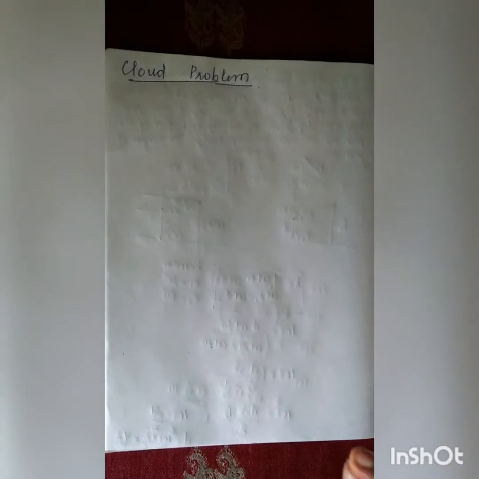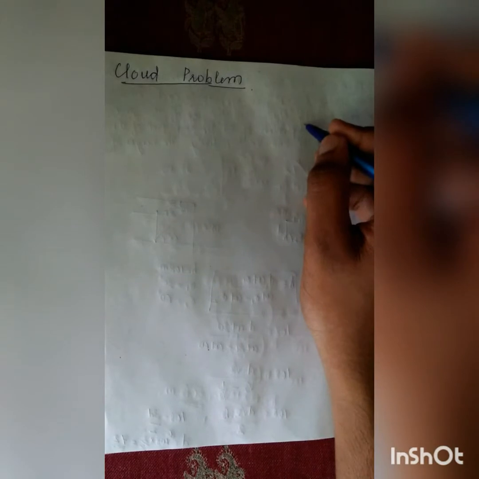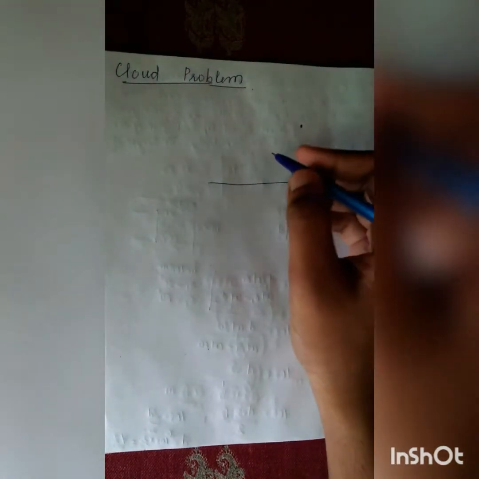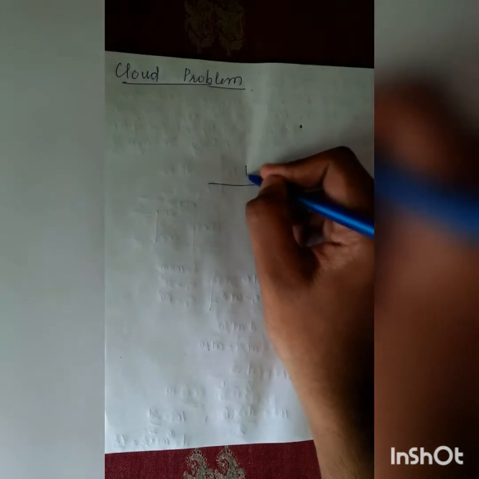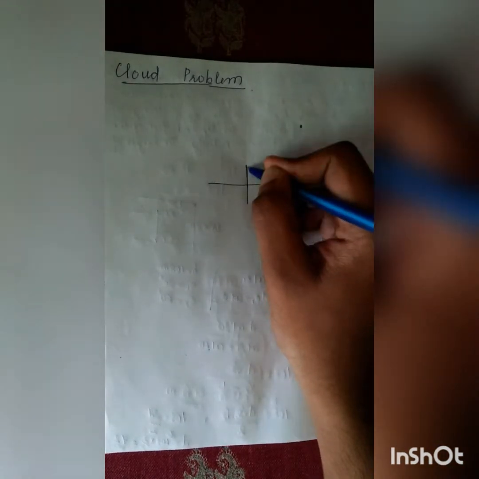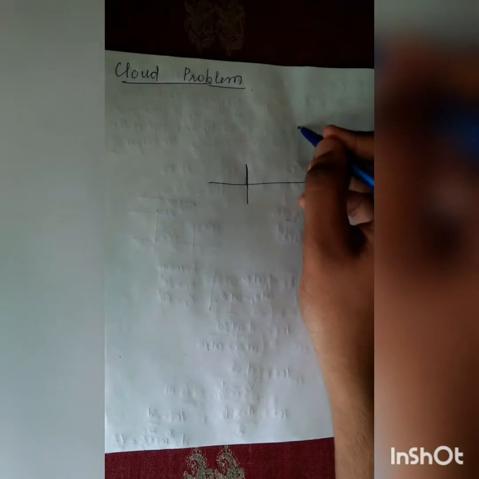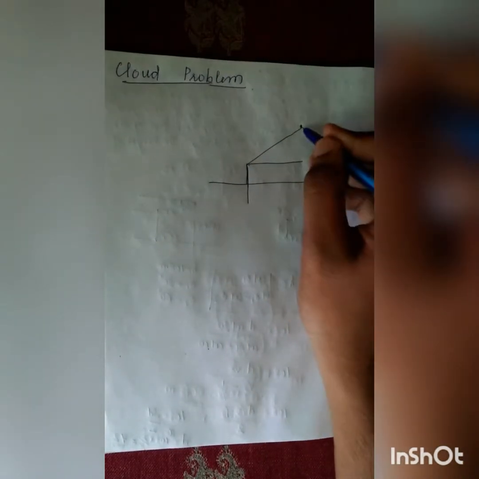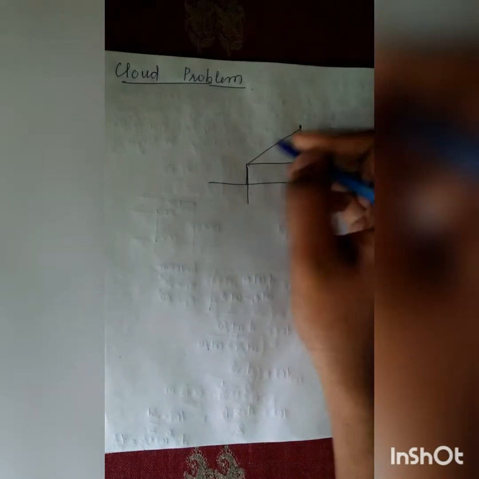Now we have the shortcut for the cloud type of problem. In this type of problem, we are usually given that we are seeing a cloud from a height above the ground. So let us consider this is the height above the ground from which we are seeing this cloud. The angle of elevation of this cloud from the ground will be given to us.